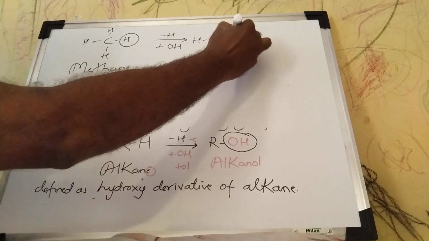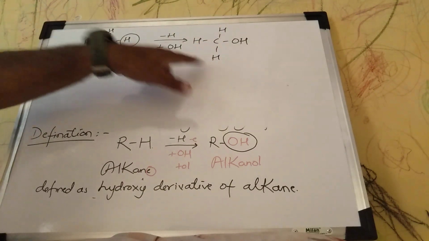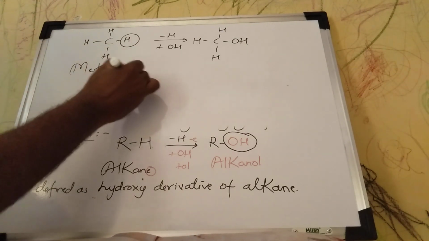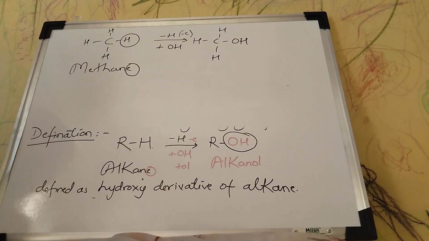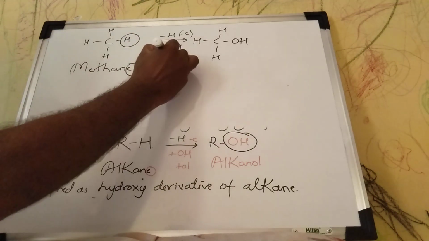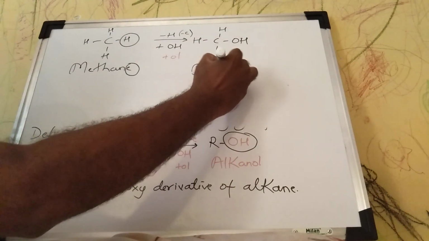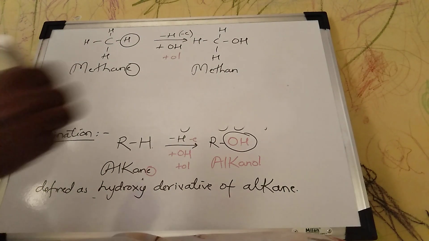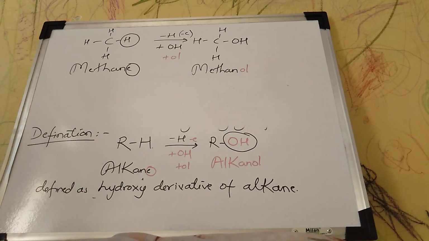The compound we obtain is CH3OH. Now the name goes in such a manner: the letter E is removed and OL is added in its place. Methane, remove the E, add OL, methanol.